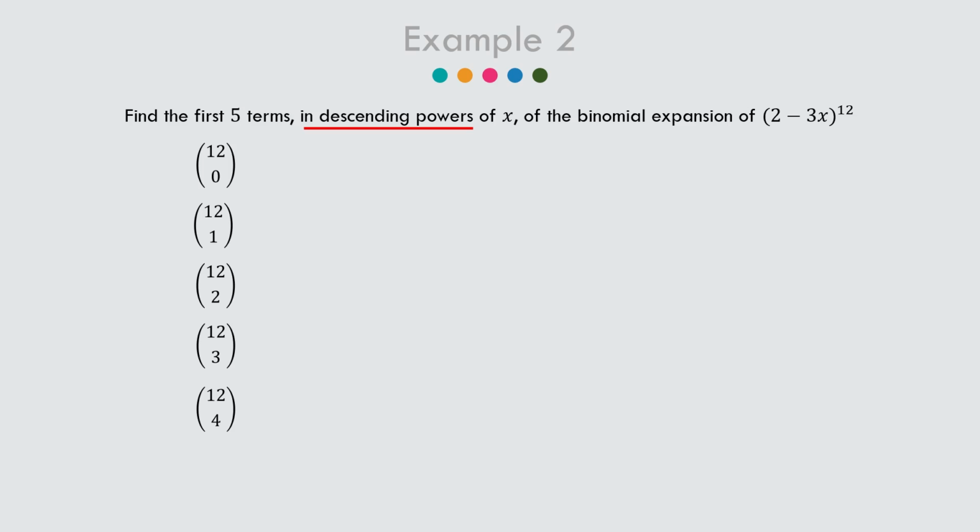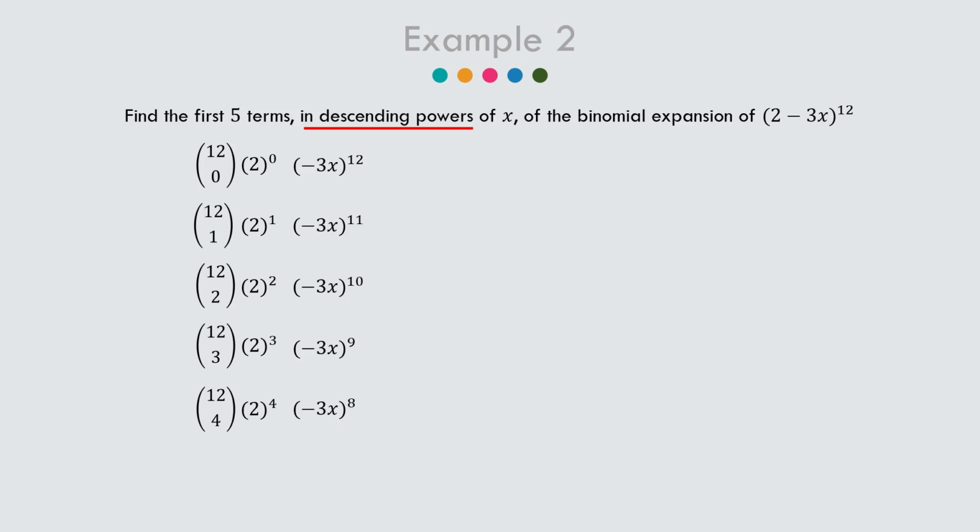Next, let's take the first part of the inside of the brackets and put that value to the power of 0 all the way up to 4. This is our first change. Usually we'd start at the power of 12 and go down, but because we want descending and not ascending terms, we are going in the opposite direction. Next we take the second part inside the brackets and put that to the power of 12 and go down to 8.